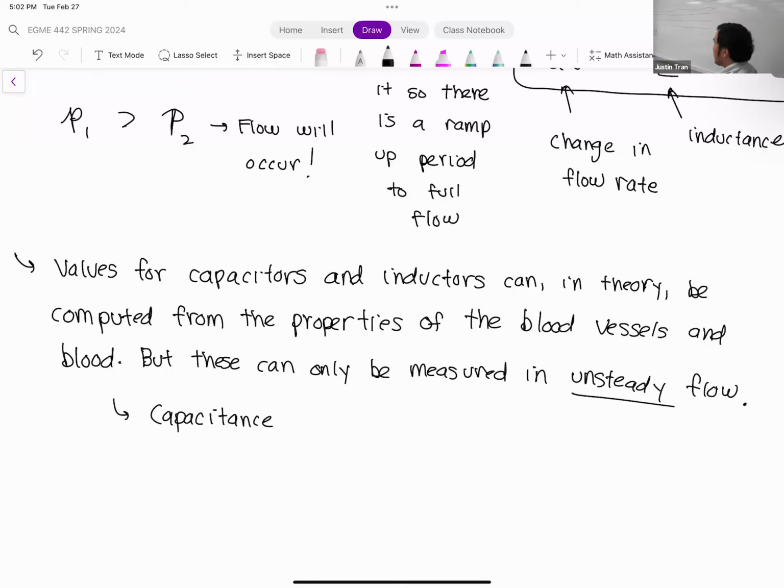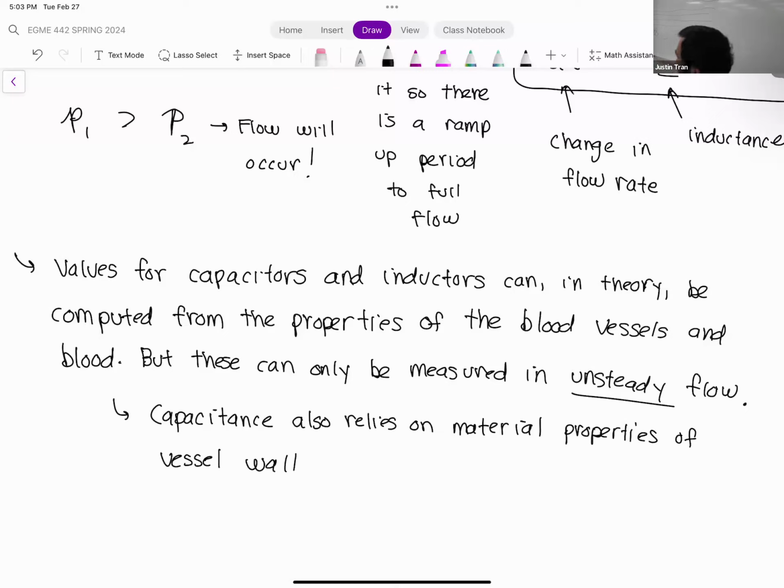I always try to say capacitance and compliance at the same time. So capacitance relies a lot on the material properties of the vessel wall itself. That includes things like the Young's modulus, the Poisson's ratio, bulk moduli, things like that.